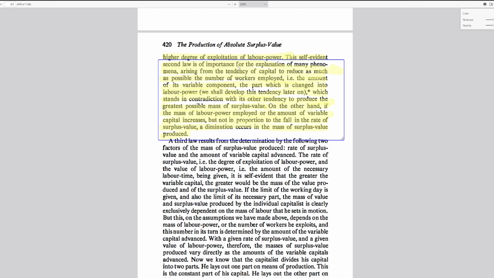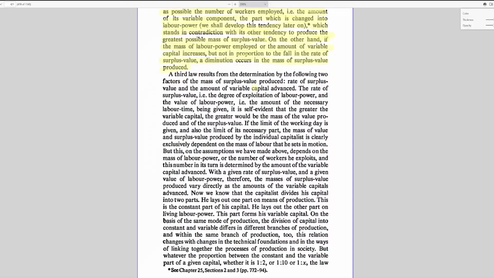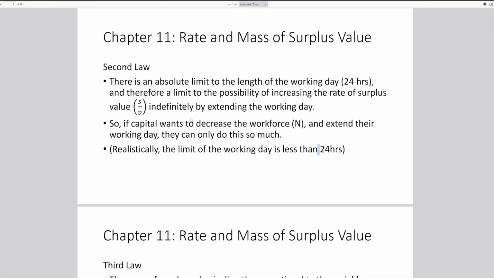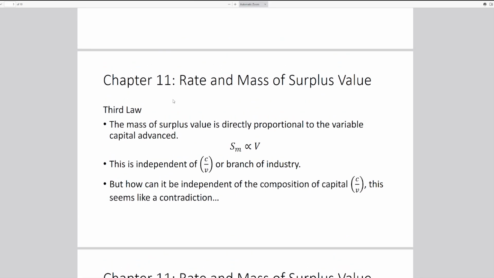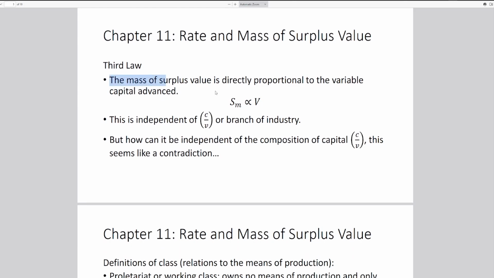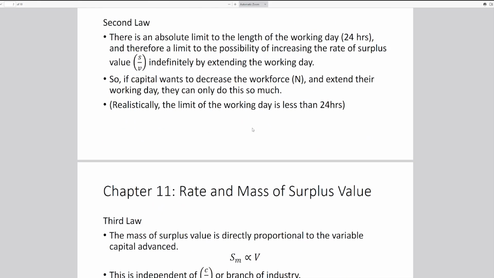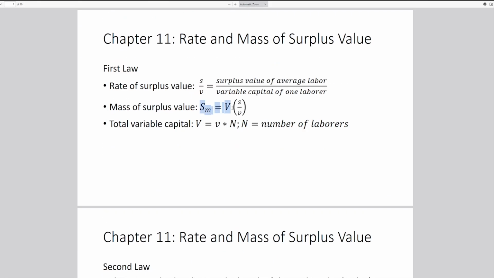Well, we can also get into the third law, I guess, which is another interesting roadblock for capital to deal with here. Okay, or not roadblock, but an interesting complication. So the third law says that the mass of surplus value is directly proportional to the variable capital advanced. S is proportional to V, which is pretty clear from our definition in the first law.